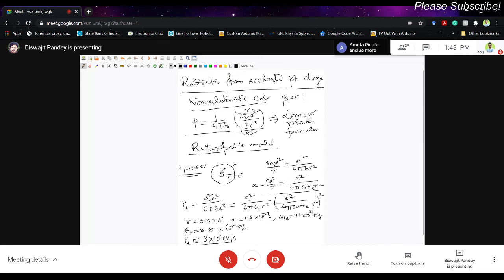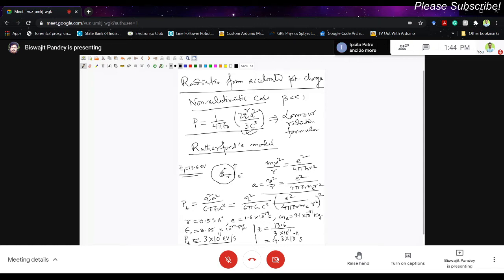So naturally you can see that within a very, very short time, if I calculate how much time it will require to dissipate all the energy, the time taken by the electron to dissipate all the energy of this orbit is given by 13.6 divided by 3 into 10 to the power 11 electron volt per second, which will be of the order of 4.3 into 10 to the power minus 11 second. So this is a very short time, 10 power minus 11 second. So within a very short span of time, this electron will move from this circular orbit and dissipate.